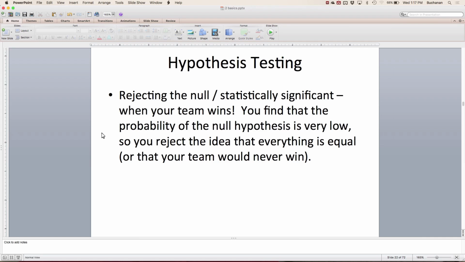So people find this odd because they think, I want probability to be really high, like the lottery. Like you prefer the probability of you winning to be much higher. Right? But in reality, what we want is the probability of us being wrong to be very low. So we want to reject the idea that our team would never win, essentially. Okay, so we want the probability of them never winning to be very small.